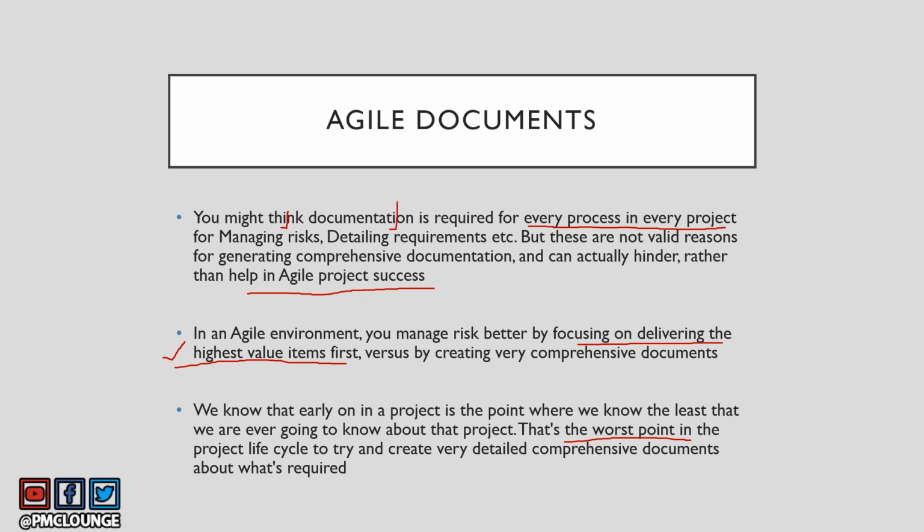So Agile does not focus on creating requirements related documentation right in the beginning. So we basically have just enough documentation which can come in the form of your backlog items to get things rolling, to get things started, rather than creating pages and pages of requirements documentation.